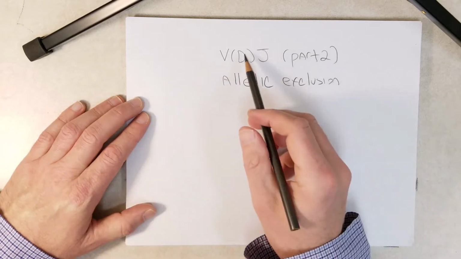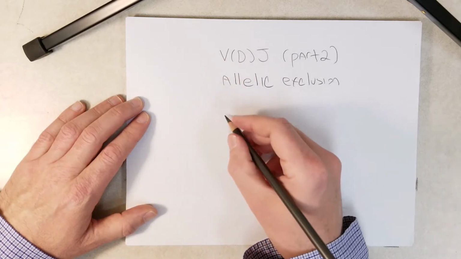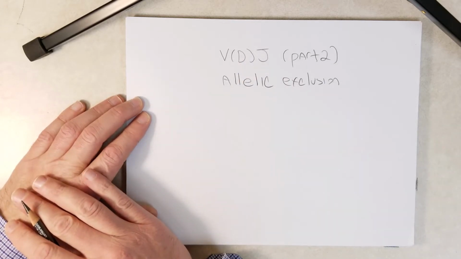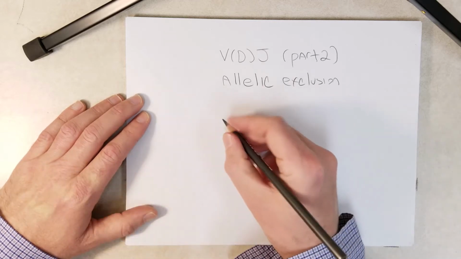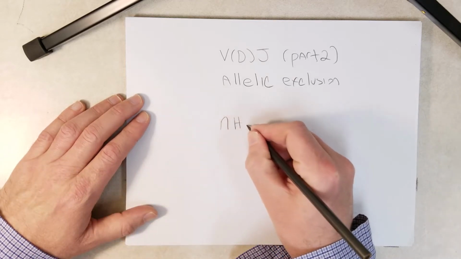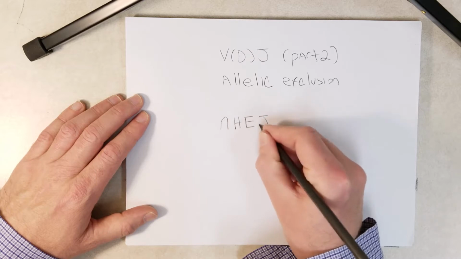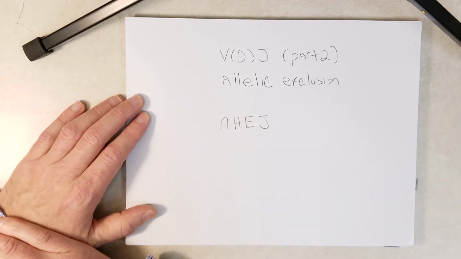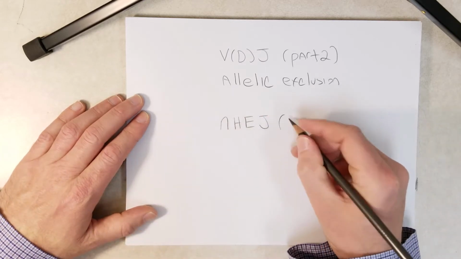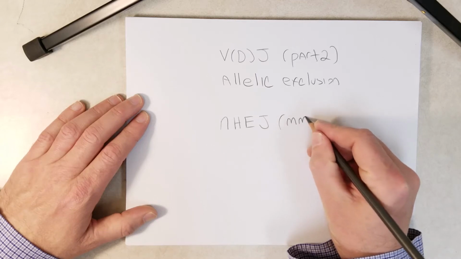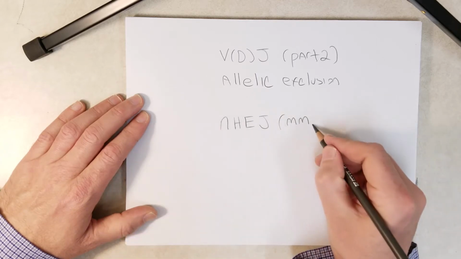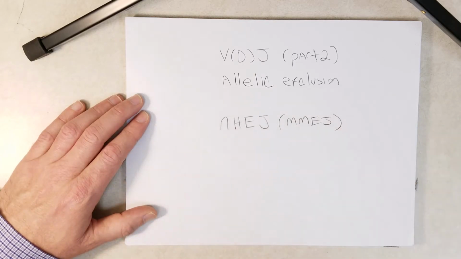Now, before watching this video, make sure you watch videos from the previous lecture where I covered bits of a DNA repair process called non-homologous end joining and the related process called microhomology mediated end joining.